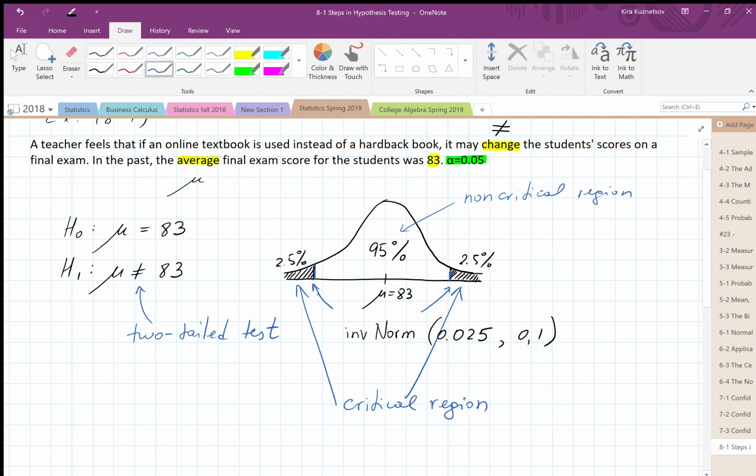In 8-2, we'll draw this picture again, and depending on the test statistic, we'll either fall into the critical region where we reject the null hypothesis, or we fall into the body of the problem in the non-critical region where we fail to reject the null hypothesis, and that will be discussed in 8-2.